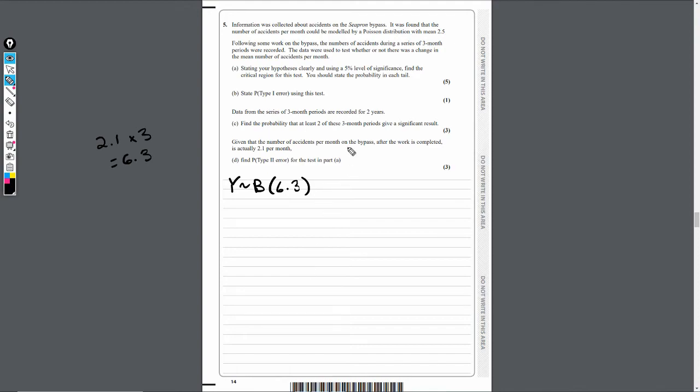Now, we need to use the critical regions that we already worked out in part A, because we're using the test in part A. Well, we worked out the probabilities here when Y is less than or equal to 2, and that would also be when the probability of Y is greater than or equal to 14. Okay.